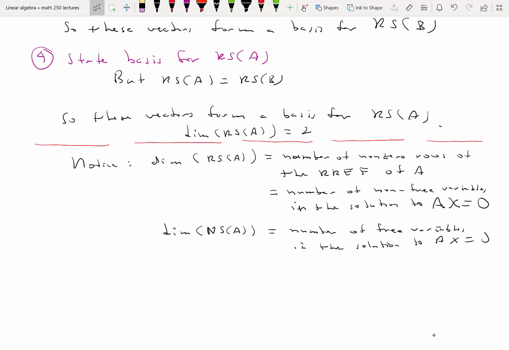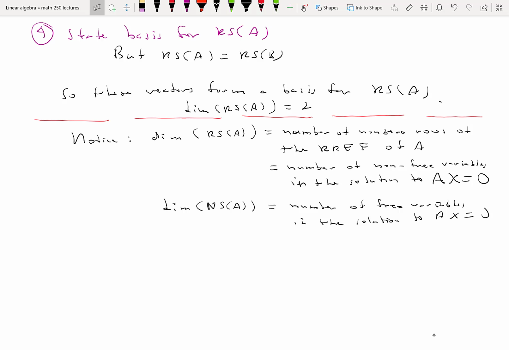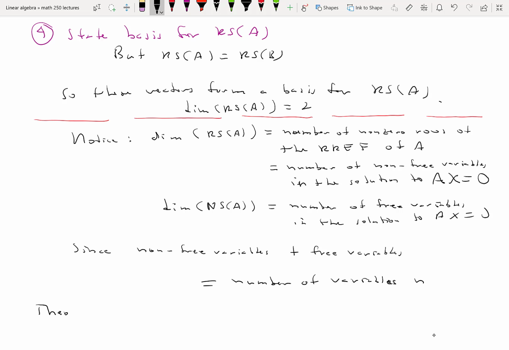Well, since the number of non-free variables plus the number of free variables equals the total number of variables, we get a theorem, a very, very important theorem in linear algebra that doesn't play too much of a role in our work. And we have Theorem 2.14.